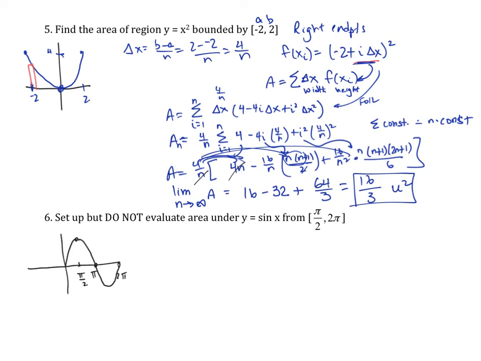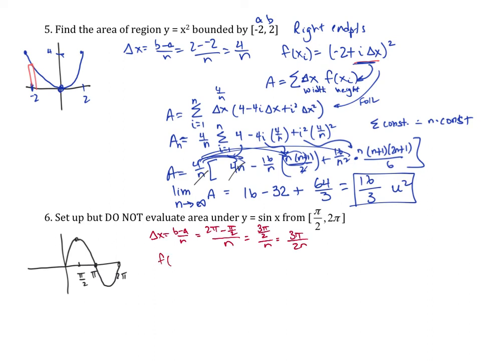So we can say that delta x is b minus a over n, and in this case it's going to be 2 pi minus pi over 2 over n. And we can clean this up, and this will end up being 3 pi over 2 over n, and I can rewrite this as 3 pi over 2n.